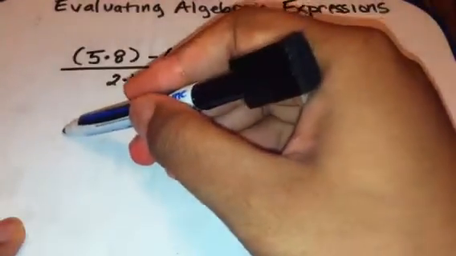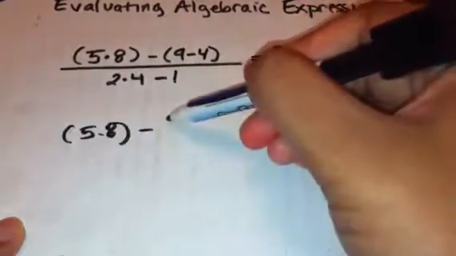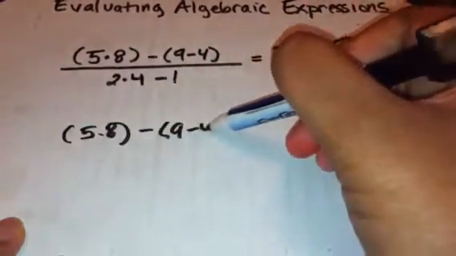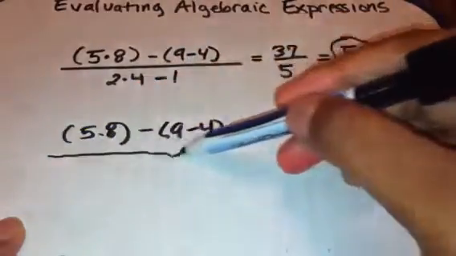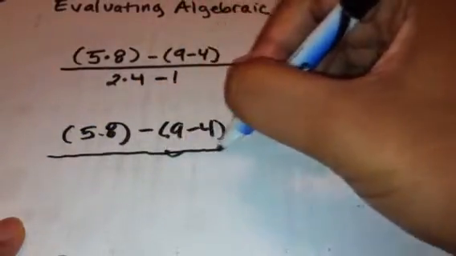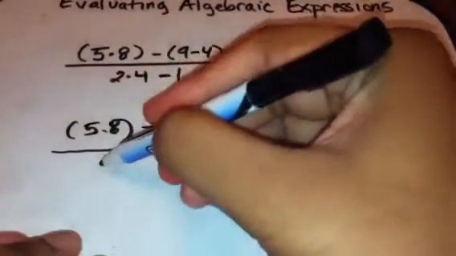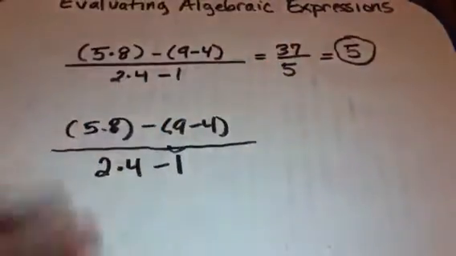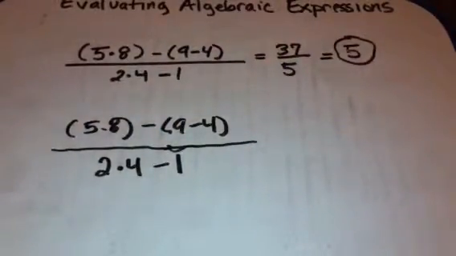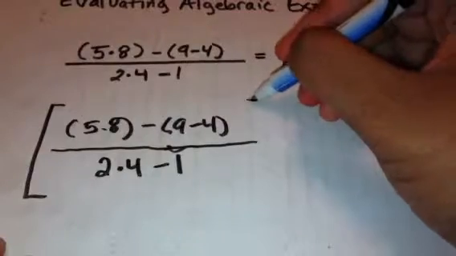So let's just say we have 5 times 8 minus 9 minus 4, sorry about the handwriting, and this was all over 2 times 4 minus 1. But let's see, what if all of this was in a bracket?